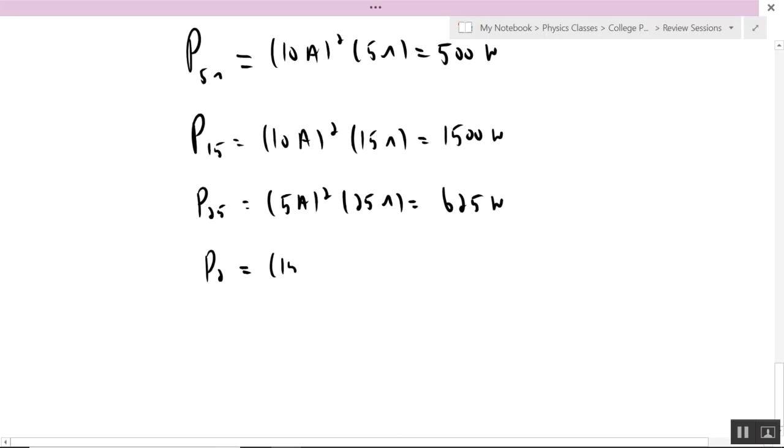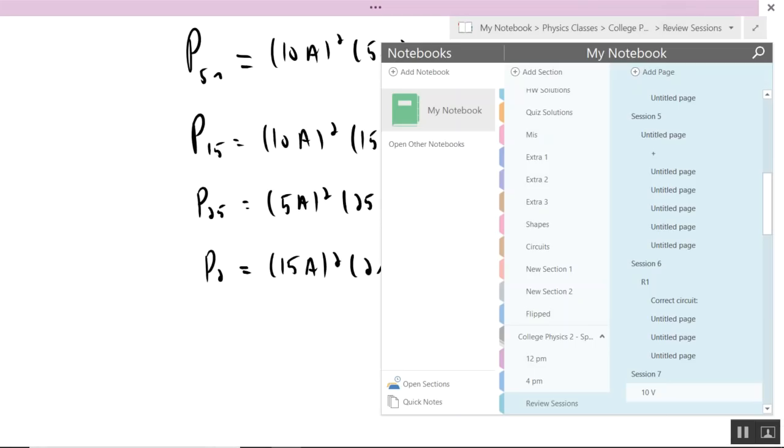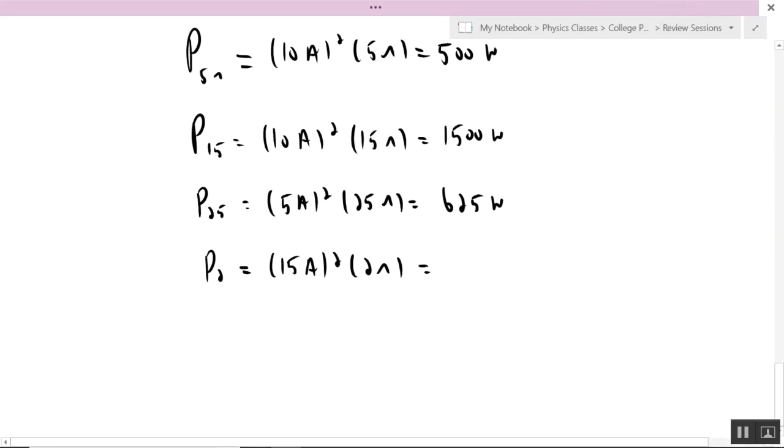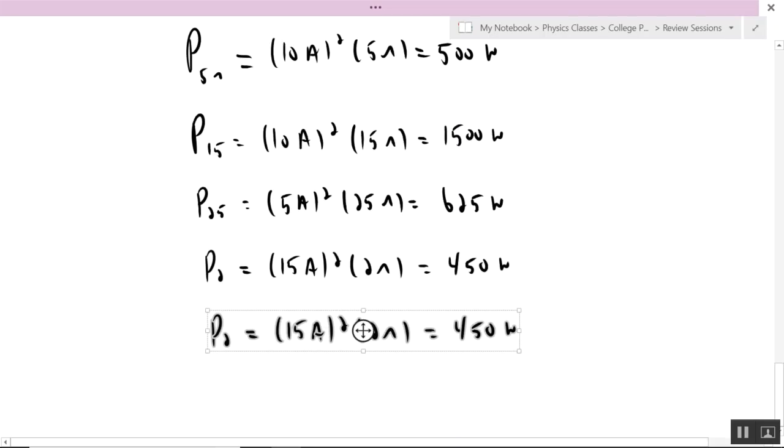So it's 15 squared times 2. So it's 225 times 2, which is 450, right? And the last one also has I2 going through it, which was 13.